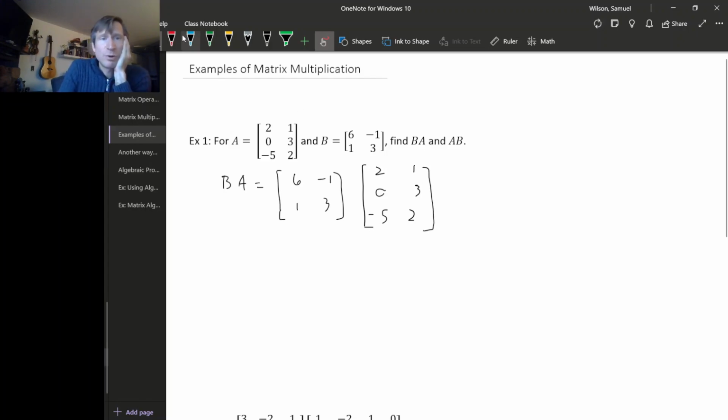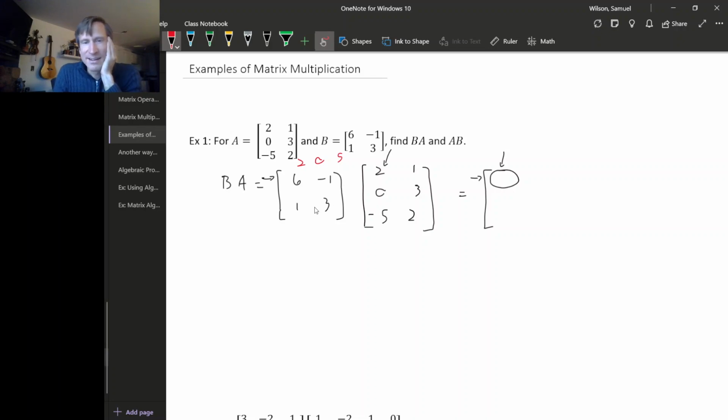Okay, and so how you do this is, to get the first row, first column entry here, we take the first column here and the first row there, right? Turn this column sideways, 2, 0, 5, and then swipe downwards, and do our usual multiply and add.